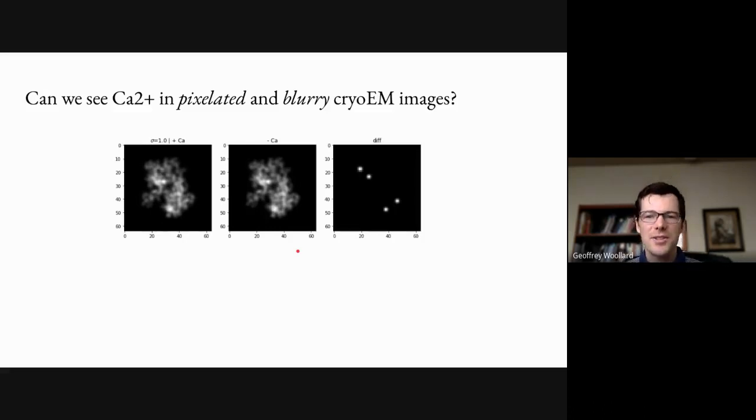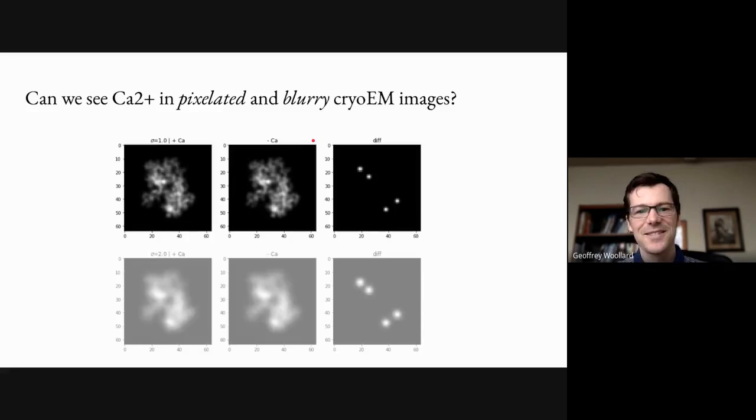So, okay, calcium. If there was no noise, could we see calcium in a pixelated and blurry Cryo-EM image? Yes. The pixels are small enough. There's enough signal spread out from a calcium ion that's big enough. Yes, you can. But there is noise.